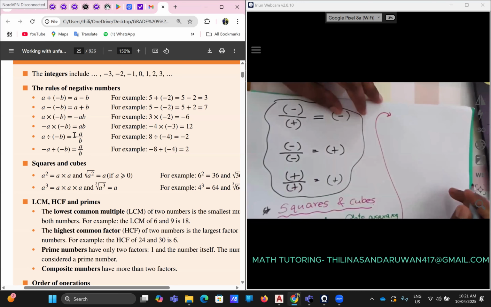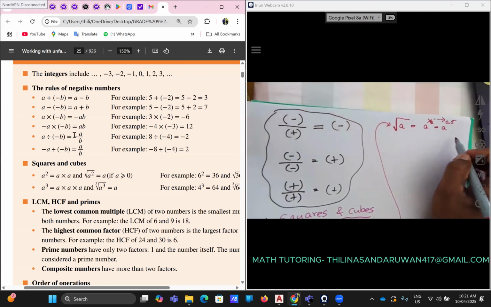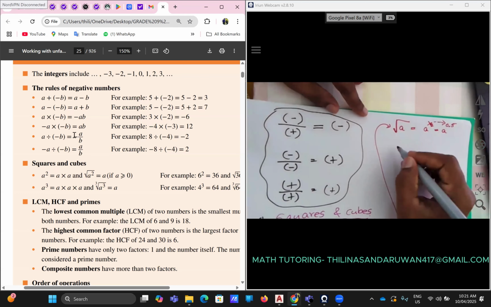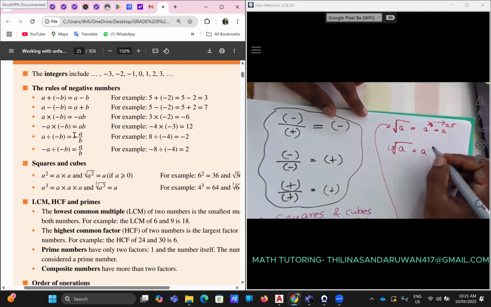And the other thing is square root. What does square root mean? This sign means a to the power of 1 over 2, or we can say a to the power of 0.5, because 1 over 2 is 0.5. And if you see something like this with a number, maybe plus or minus, that means a to the power of 1 over 3.